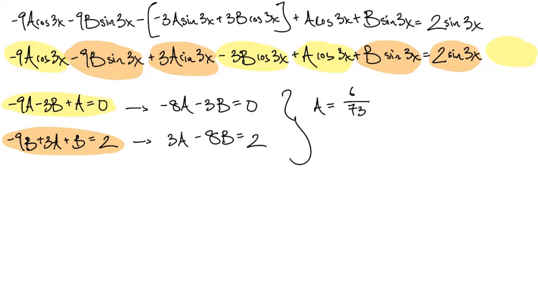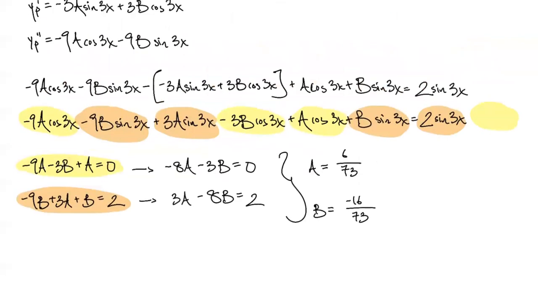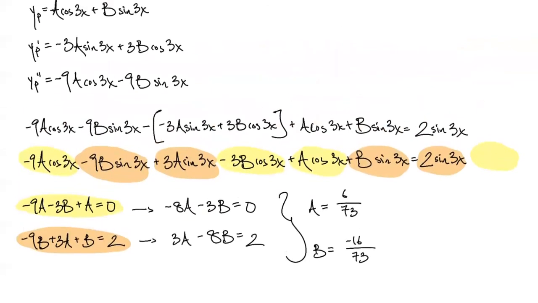So you want to make sure you turn it back into fractions. I would not leave it as a decimal, because you can already tell that something divided by 73 is perhaps not going to be a decimal that ends fairly quickly. And so we want to make sure we get all of the values so that our actual answer would be exact. All right. All we need to do at this point, we found our A and B.